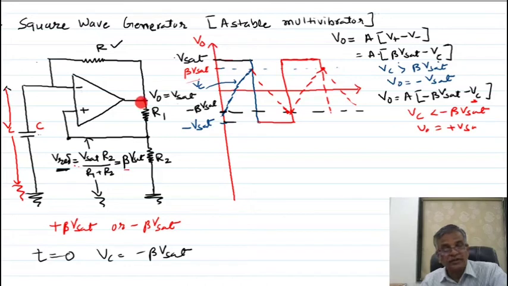The output voltage is given by the equation: gain multiplied by V plus minus V minus.